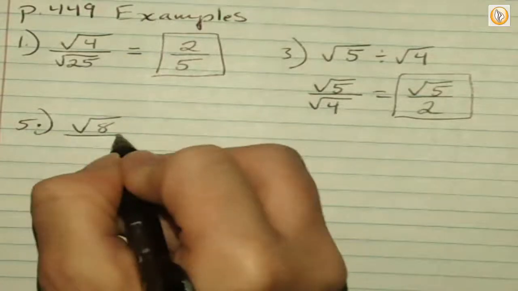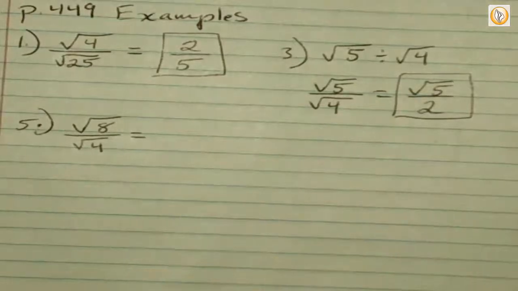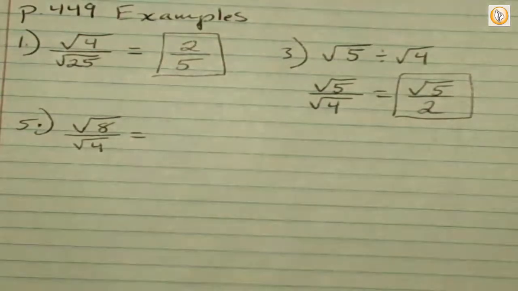All right, 5. Square root of 8 divided by square root of 4. Miranda. 2. Just regular 2? Well, can we divide? Yeah. So that would just be 2. Oh, wait, no. Can you do the factor tree?